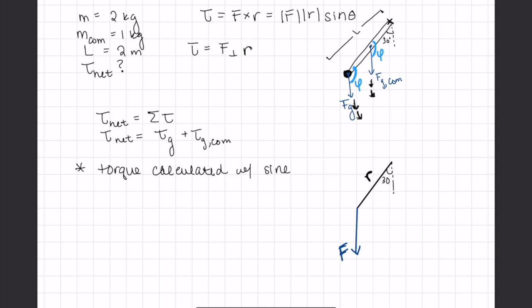And then in order to find this angle between R and F, we're going to have to break things down into getting some right angles and triangles, and that'll help us use our geometry to find what that angle is. So if we break up that R vector and draw some dashed lines and make it into a triangle, we have a right angle on that bottom right corner.